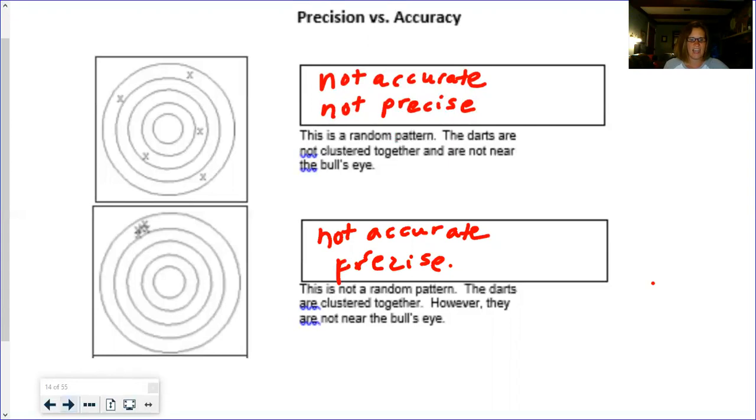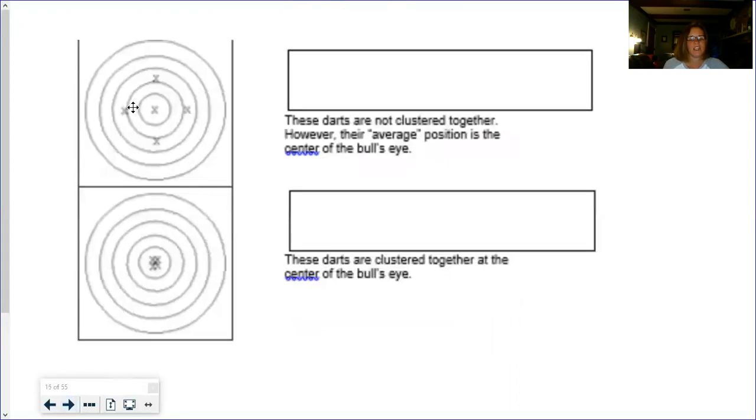The next dartboard. In this one, we can see that the 5 attempts have all different locations. One of them is a bullseye, and the other 4 are sort of evenly spaced around the bullseye. If we were to average the location of the darts, we would note that that average would lie right here near our center bullseye.